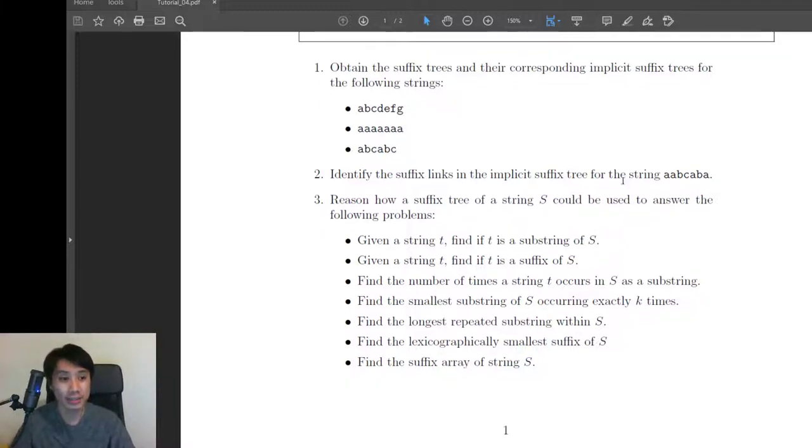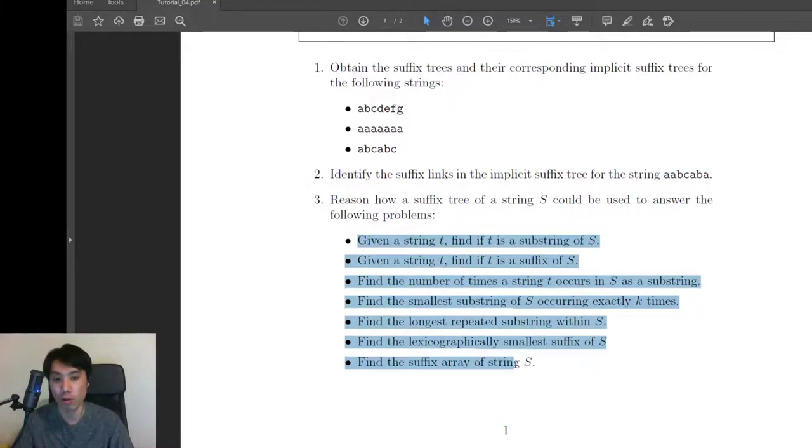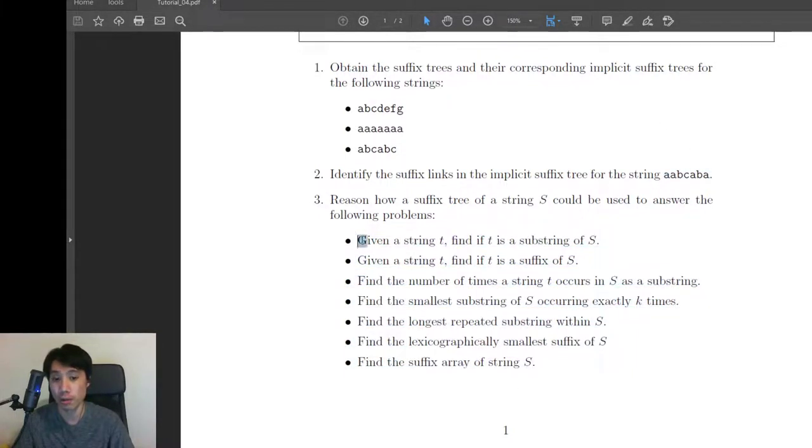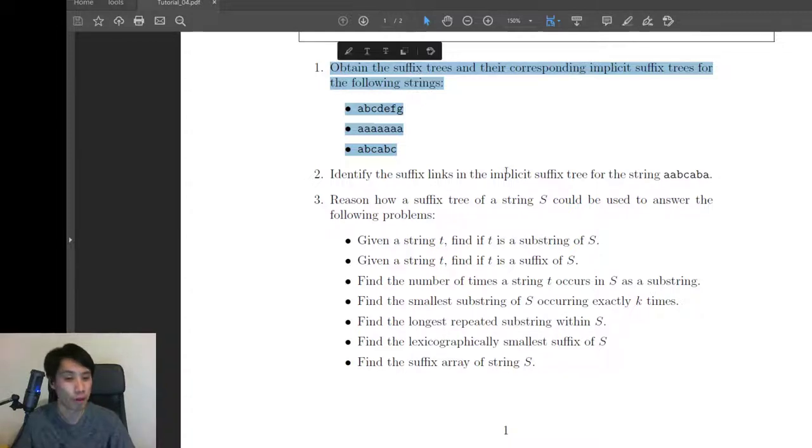So in return, I'm going to do question number 2. I'm going to expand question number 2 as much as possible, and I'm going to link it up with all of the problems in question number 3. In other words, I skip question number 1, because if you can do question number 2 on your own, you can definitely do question number 1. It's just pointless.